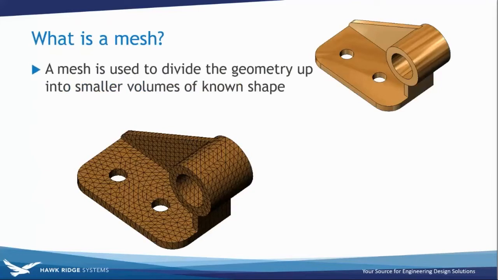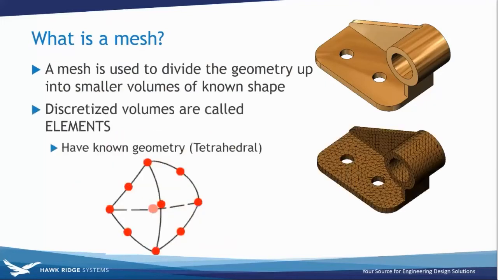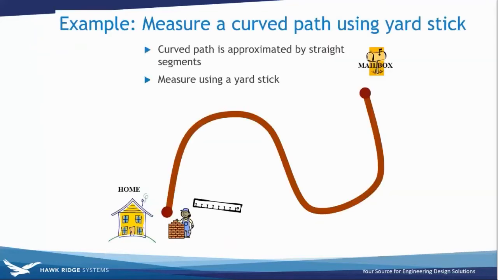So this collection of elements is what makes up the CAD geometry, and that collection of elements is referred to as the mesh. The elements have a simpler geometry, making the governing physical equations easier to solve. Most meshes are made up of thousands of elements.